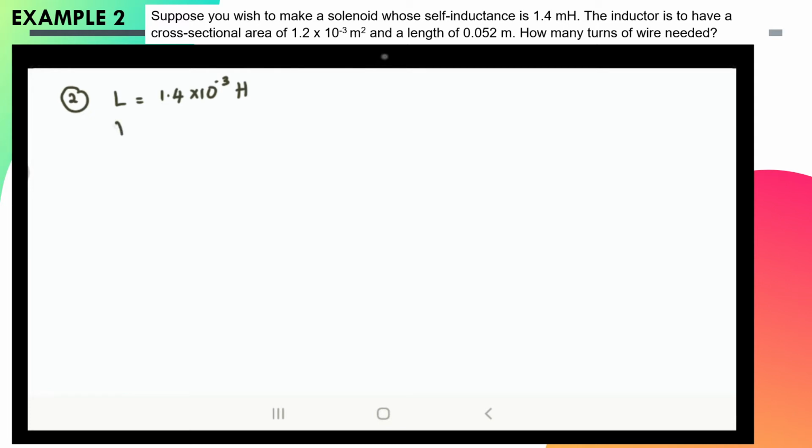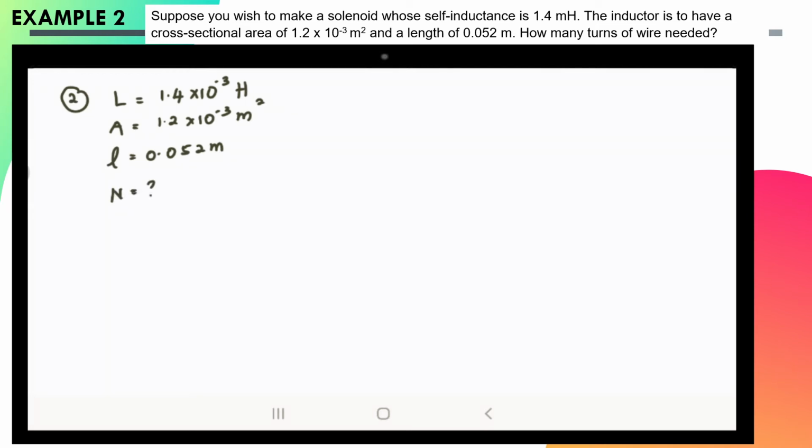So the area of the inductor is 1.2 exponent negative 3 meter squared, and given that the length of the conductor is 0.052 meter, how many turns of wire are needed? So we want to find the number of turns.